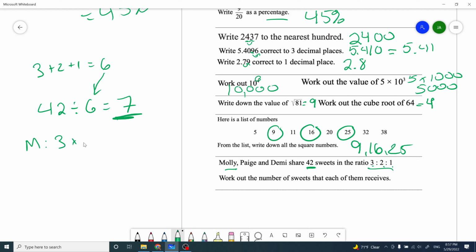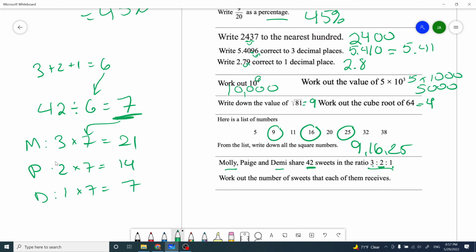We're going to take 3 times this answer, which is going to give us 21. So Molly gets 21. Paige, right, she had 2, right? We're going in order, so we're going to take 2 times 7. So Paige gets 14, and Demi gets 1 share, poor thing. So we take 1 times 7, which is just 7.